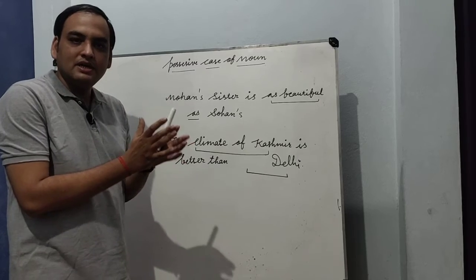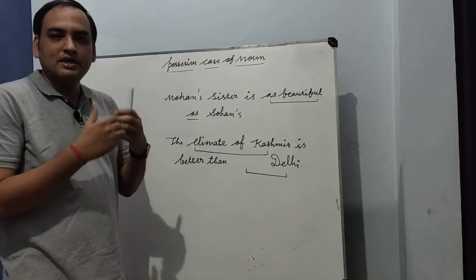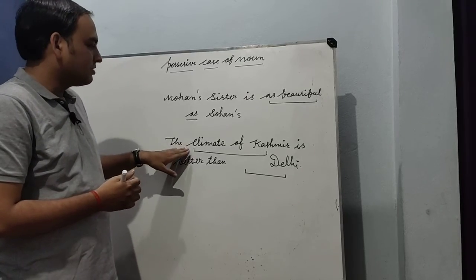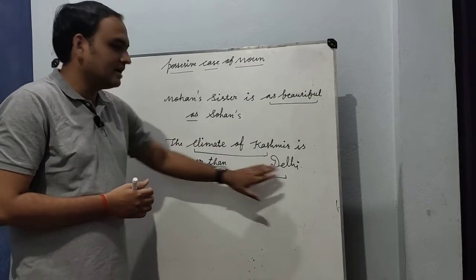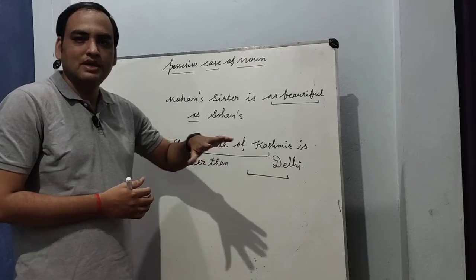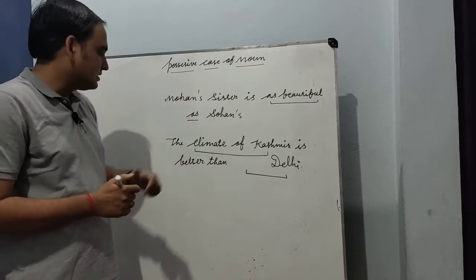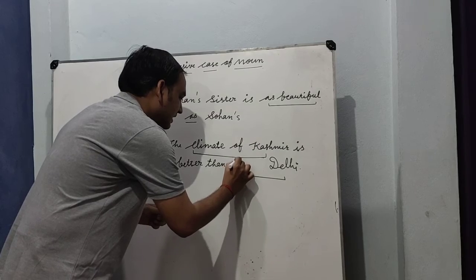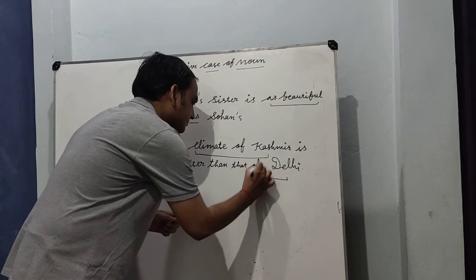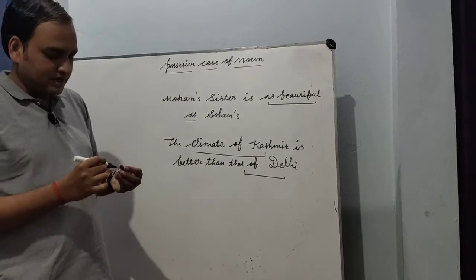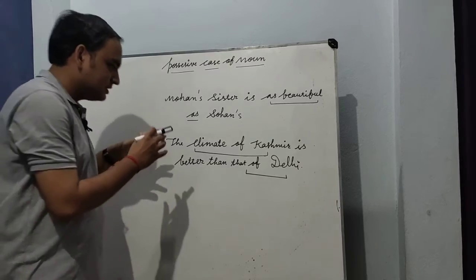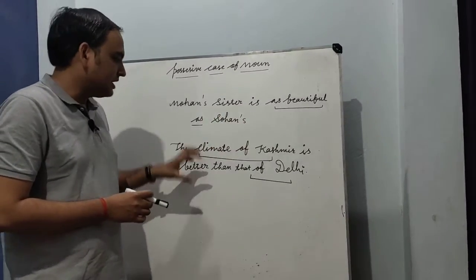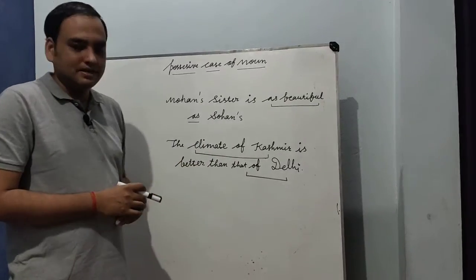Comparison should be in equal quantity or in equal things. Here we are comparing the climate of Kashmir and here we are writing about Delhi. There is no climate. Okay, if we want to correct this sentence, we have to write better than that of Delhi. So the correct sentence is the climate of Kashmir is better than the climate of Delhi.